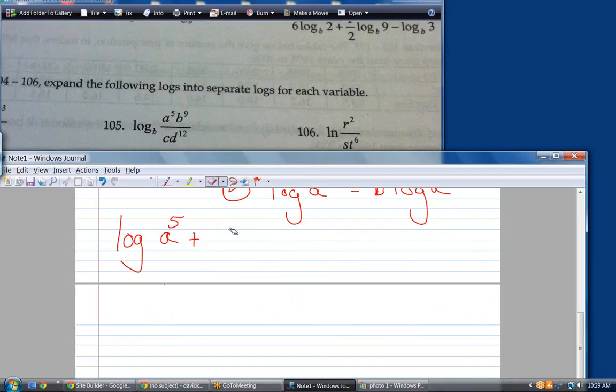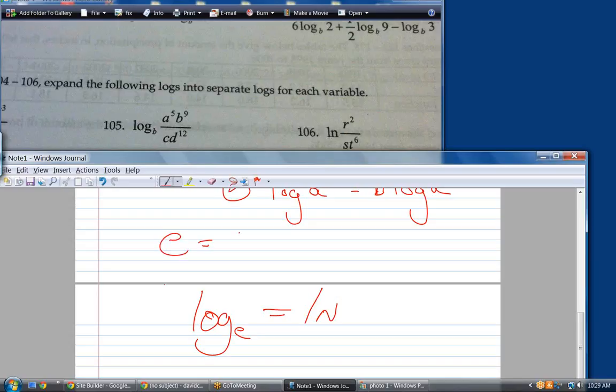And do you know what ln means? It means log base e. Whenever you see ln, it's called natural log. e is an irrational number, but it's approximately equal to that.